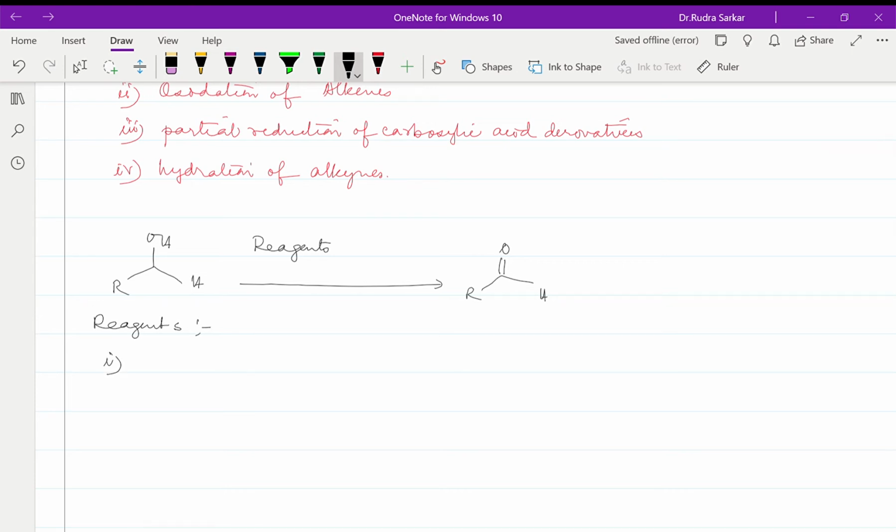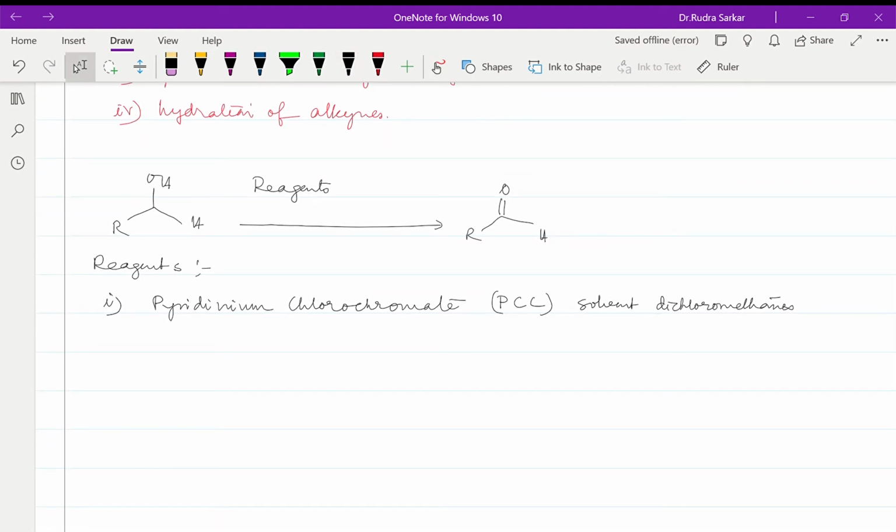So in one we will say pyridinium chlorochromate, which we call PCC, and the solvent here is mostly, say, dichloromethane types, can also be chloroform, or we will say pyridinium dichromate, also known as PDC, solvent being the same.